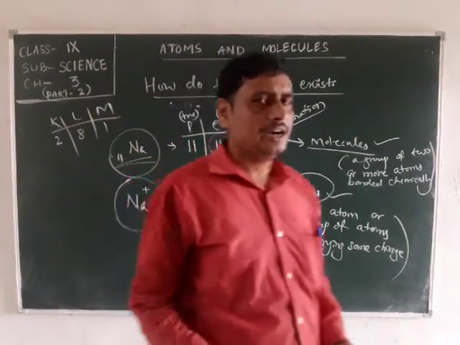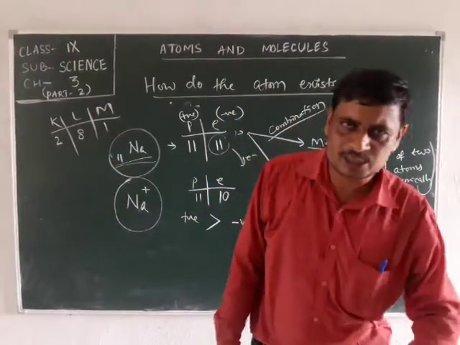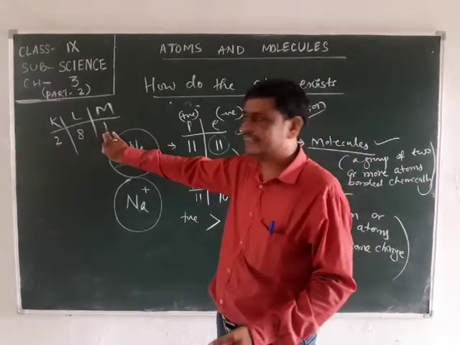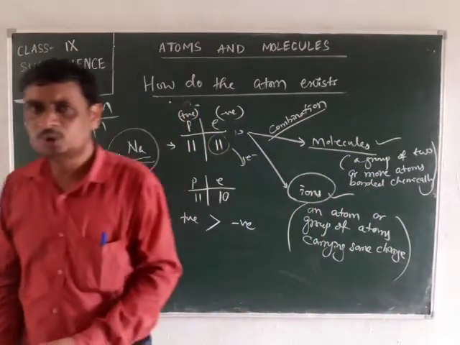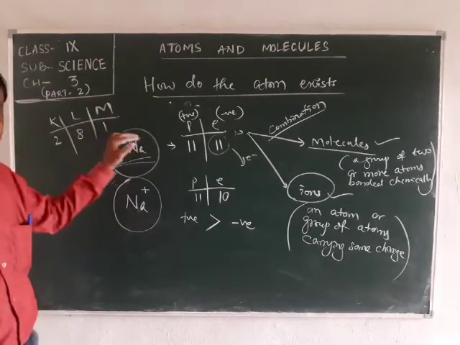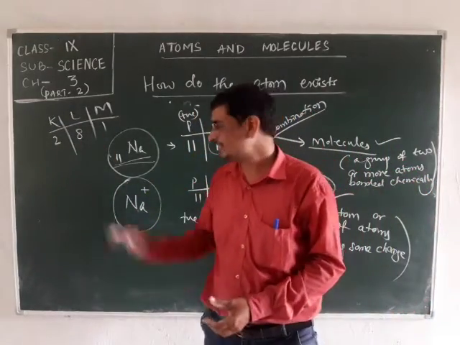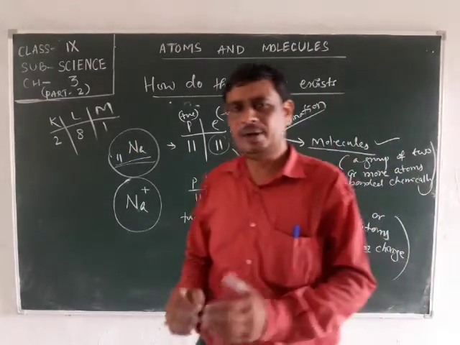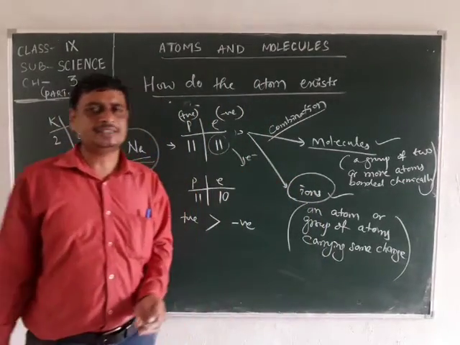If the outermost shell is completed by 8 electrons, then it can show inertness by octet form. But here 1 electron is present in its outermost shell. So either it will gain 7 more electrons to fill this M shell, or lose 1 electron to show the nearest inert element configuration. It is easier for this sodium atom to lose this 1 electron, because whether electrons are gained or lost by an atom, in both cases it requires energy.